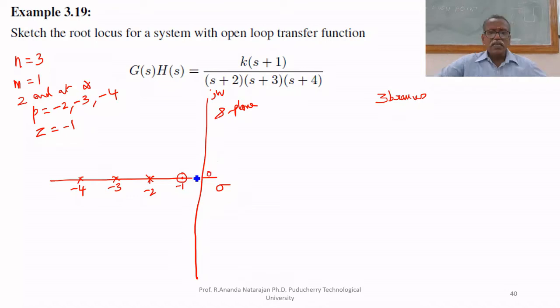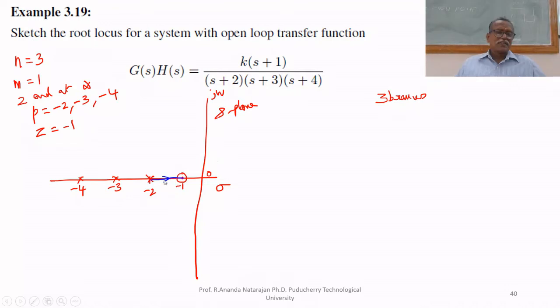Any point between 0 and -1 is not on the root locus, because to its right, there is an even number of poles and zeros. But any point between -1 and -2 is part of root locus. Therefore, root locus starts at -2 and ends at -1.